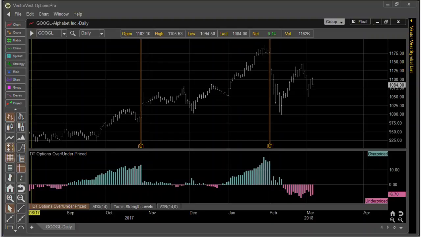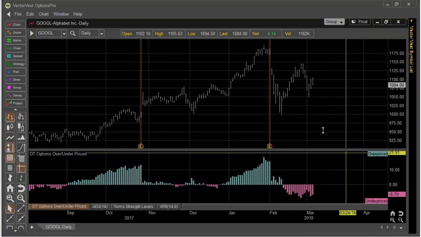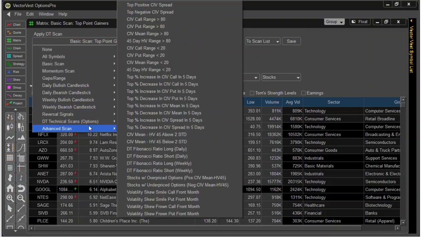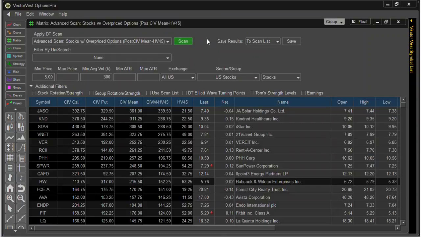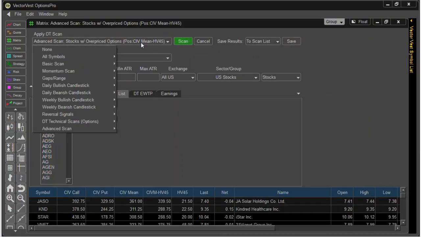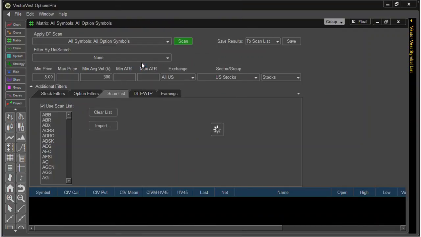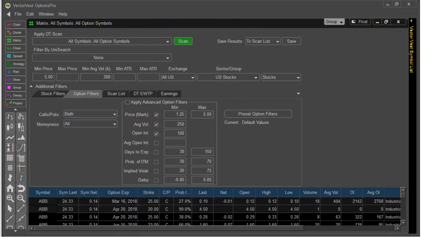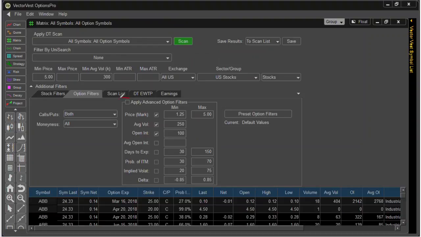Now, I will leave you with one tip, and this is probably going to save emails and calls. When you bring up the matrix, and you're at the point where you're doing the actual scan for options, make sure when you're in option filters, this is a huge issue, make sure that this on top is checked, okay?